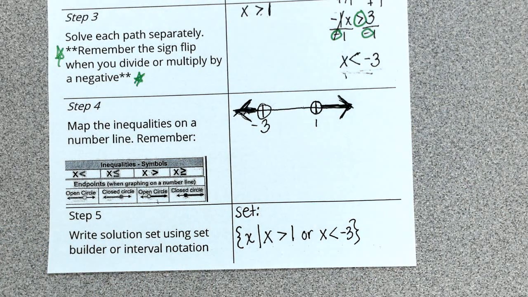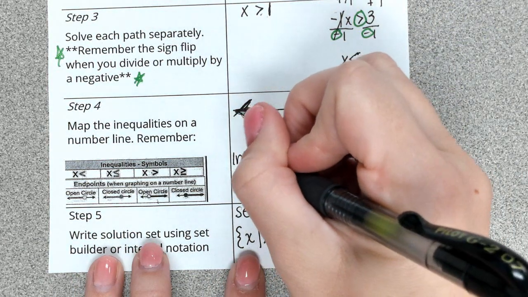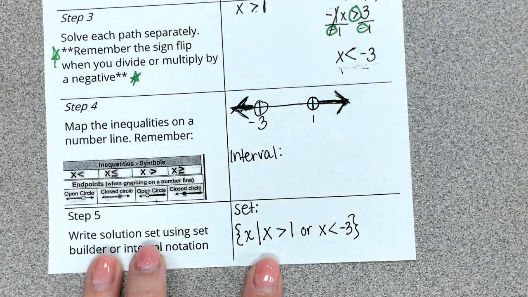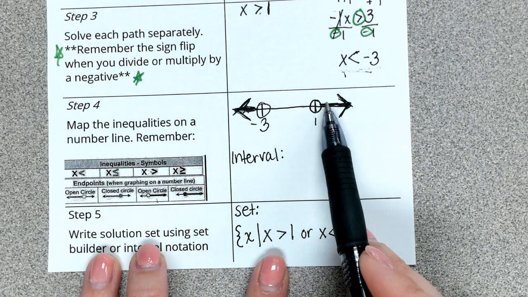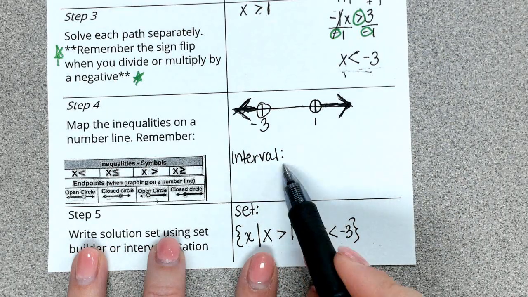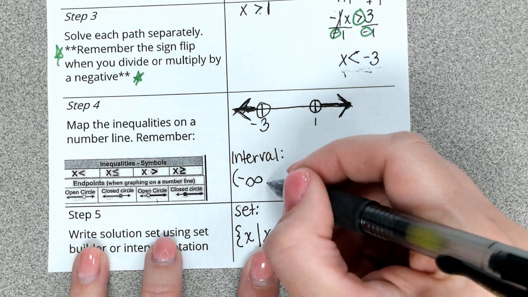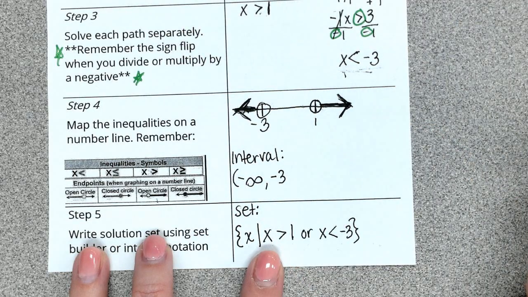Okay? If I choose interval notation, which I'm going to guess most of you will eventually because it is kind of less to write, there's two intervals, right? Whenever we have two intervals, we have to join them with the union symbol, okay? So this first one begins in negative infinity, and it goes up to negative 3. Does negative 3 get a bracket or a parentheses?